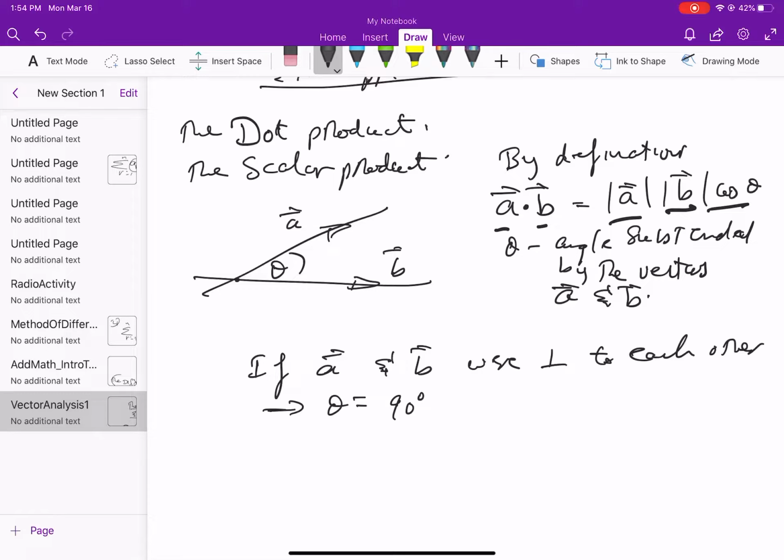If you plug that into the formula, you end up with A dot B is the modulus of A times the modulus of B, cos of 90. Cos of 90 is 0, and that would make A dot B go to 0. So if you want to prove that two vectors are perpendicular, you simply prove that the dot product is 0.